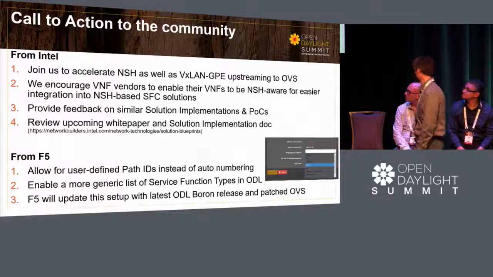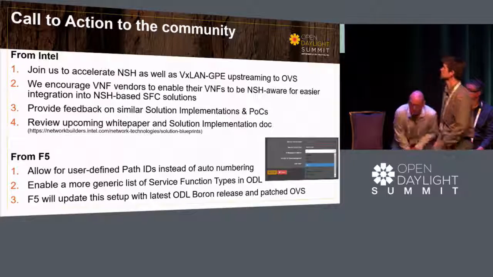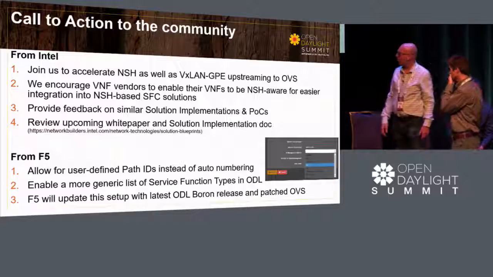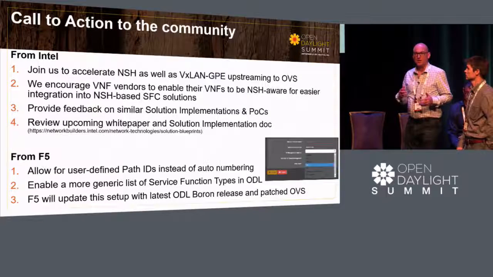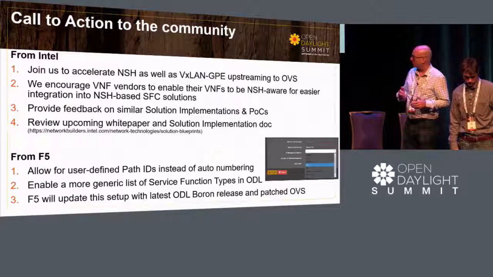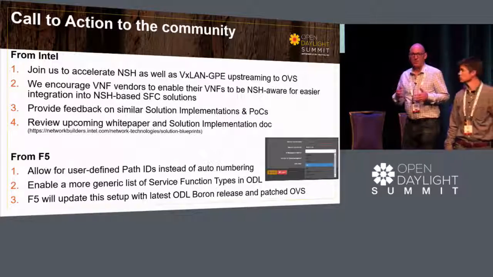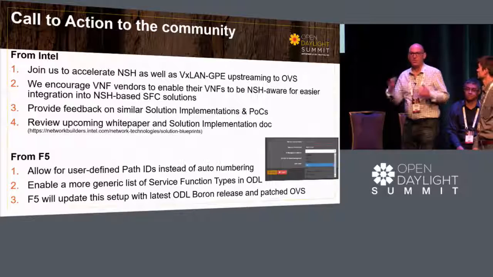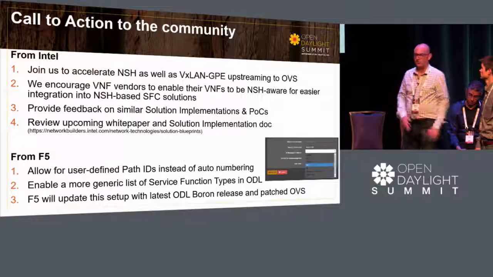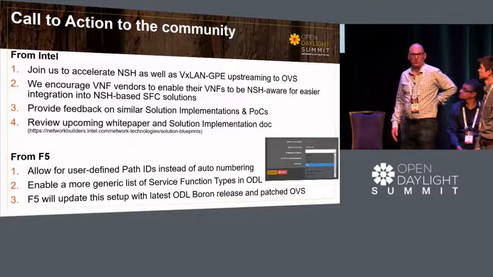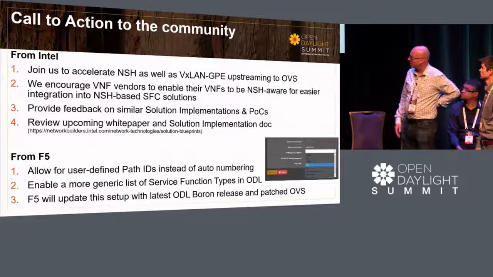From F5, Aaron, do you want to? Yeah, a couple of things that we saw when we were trying to go through this, especially with ODL, was the ability to edit the service function path IDs. They were automatically generated, and we had to go back through and change a whole bunch of other things every time we generated those. So the ability to revise those would be great.